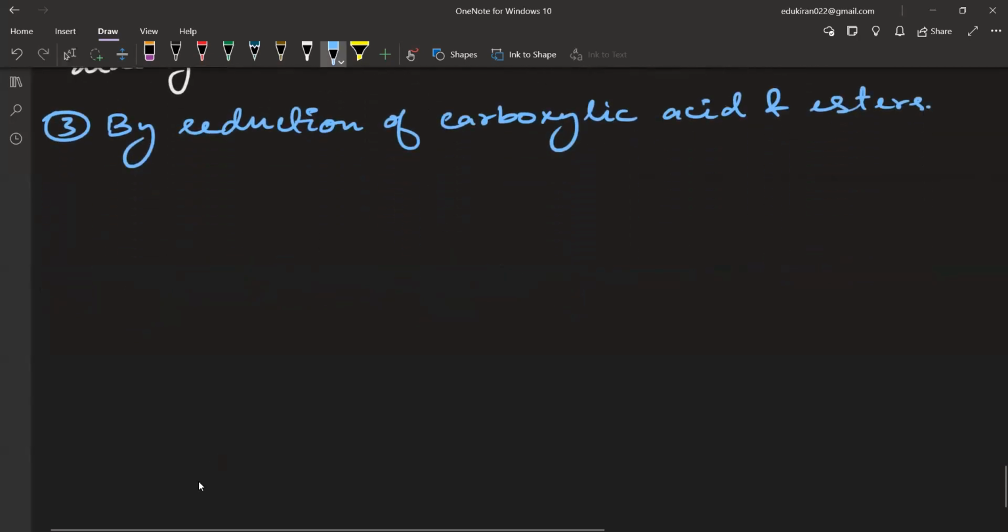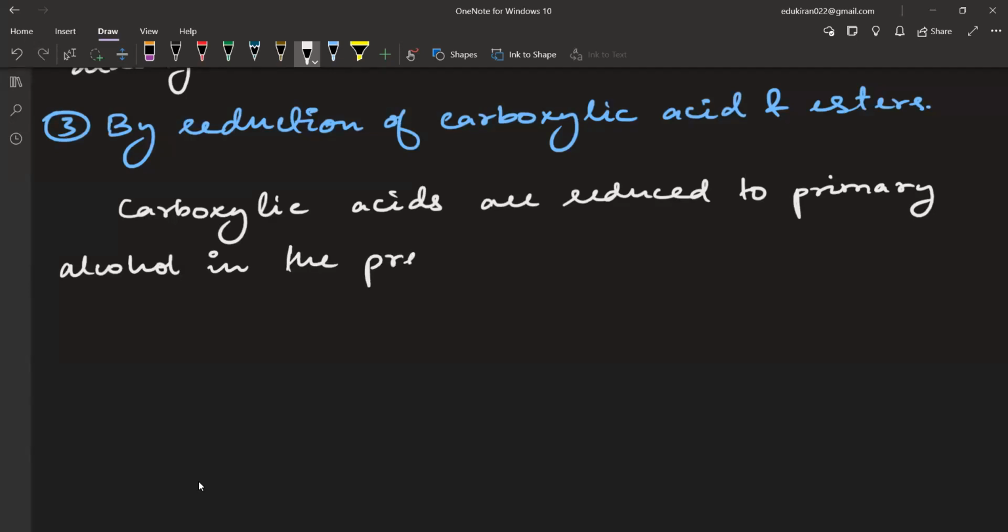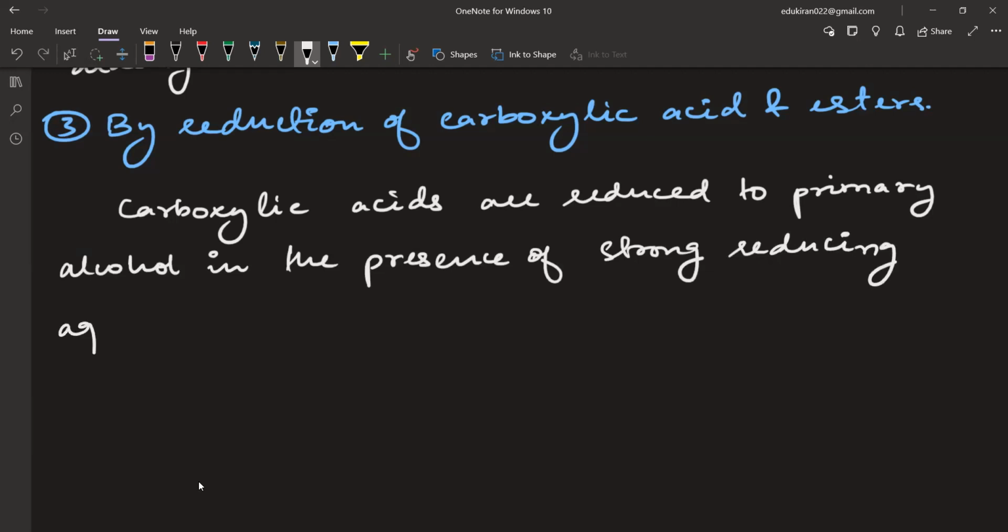Okay, देखिए, you will write here carboxylic acids are reduced to primary alcohol in the presence of strong reducing agent. Strong reducing agent क्या है? Lithium aluminium hydride, LiAlH4, lithium aluminium hydride.